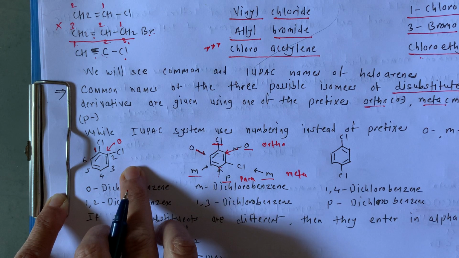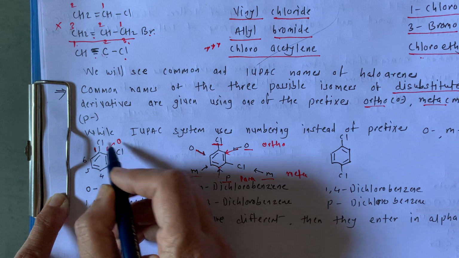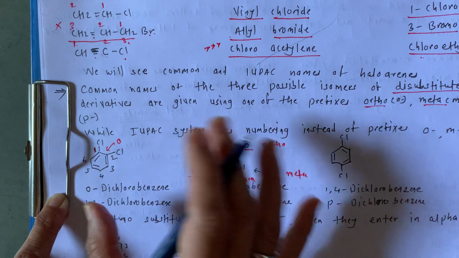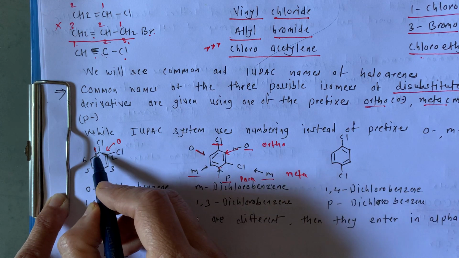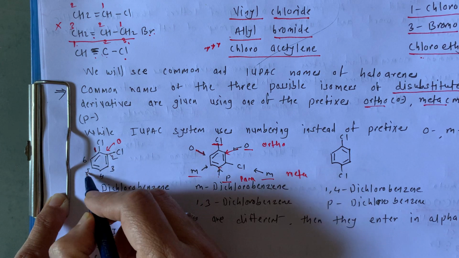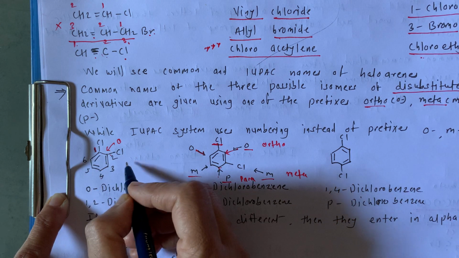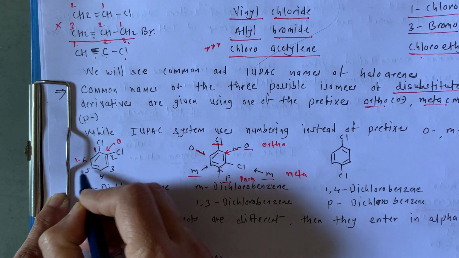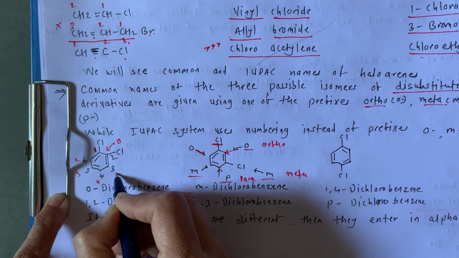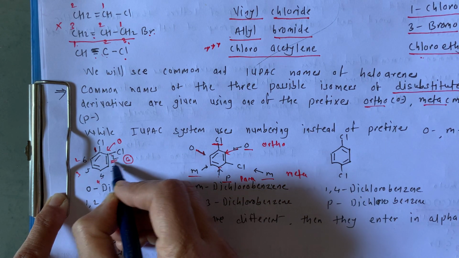But if it is the IUPAC name, then we have to do numbering, and it should be the lowest possible numbers. So in the clockwise direction, we give 1, 2, 3, 4, 5, 6. If you try anti-clockwise, then this chlorine will come at 6, which is quite a bigger number than 2.